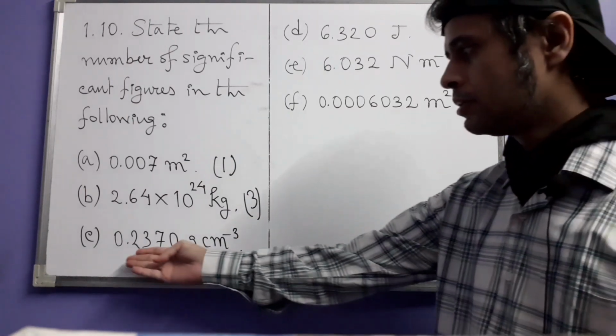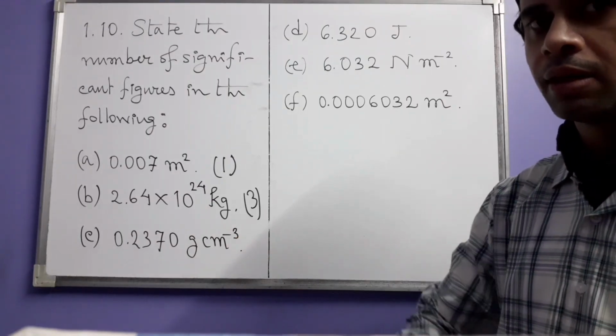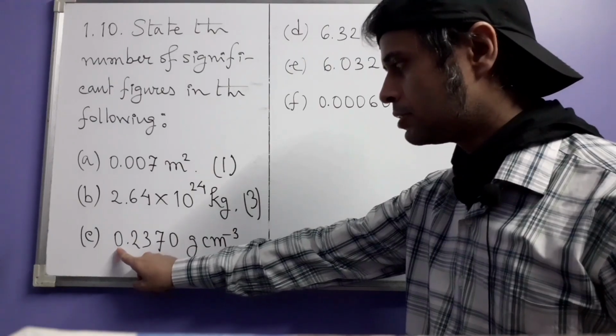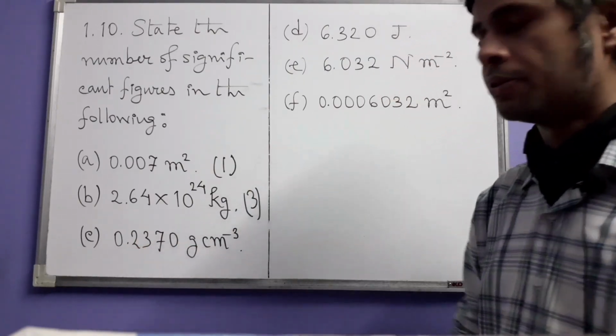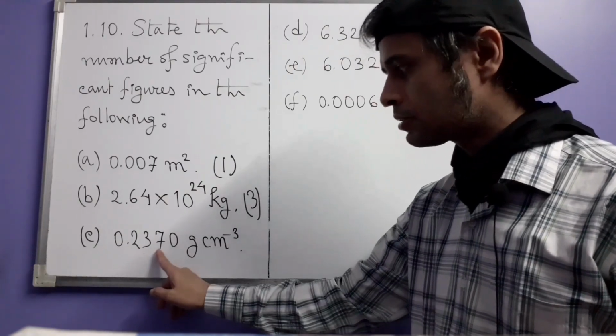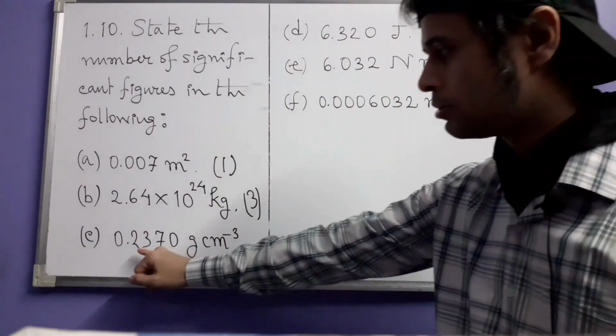Next, we have the density of something, because the unit is gram per cubic centimeter and the value is 0.2370. Okay. So here we have significant figures which are significant because they are non-zero, 2, 3 and 7.